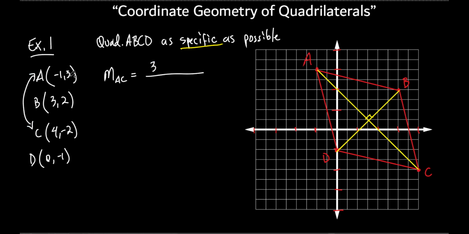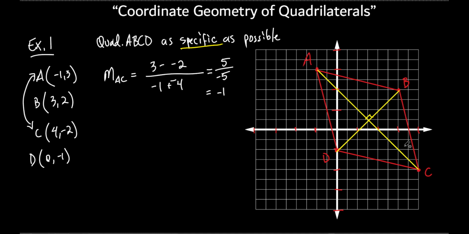So I'm going to go 3 minus negative 2, and then the X's in the same order, negative 1 minus 4. 3 minus negative 2 is 3 plus 2, which is 5. And 1 minus 4 is negative 5. That's negative 1. So the slope of this one is negative 1.